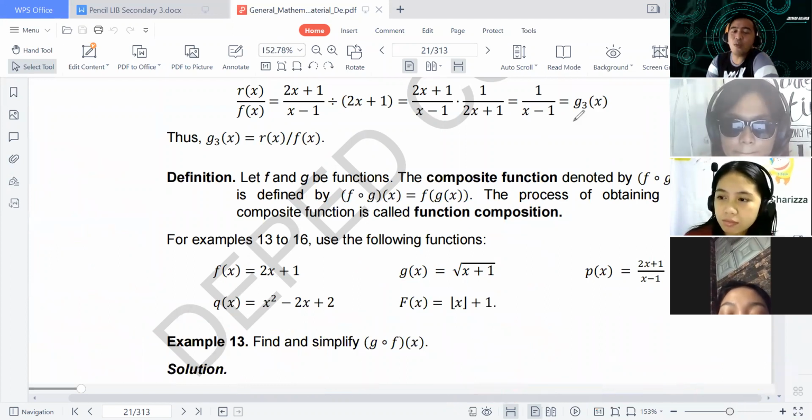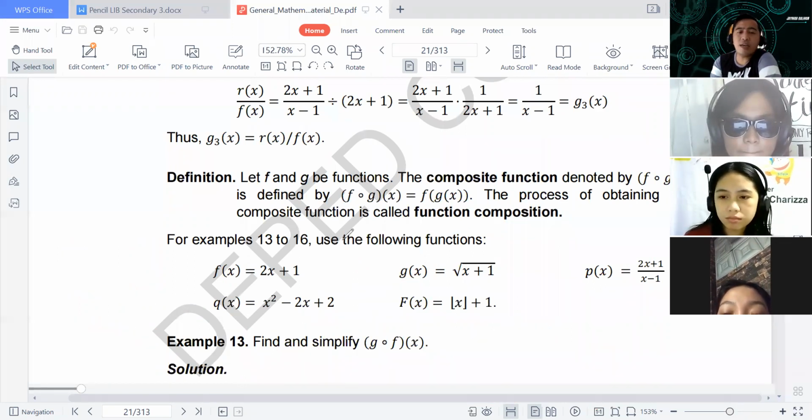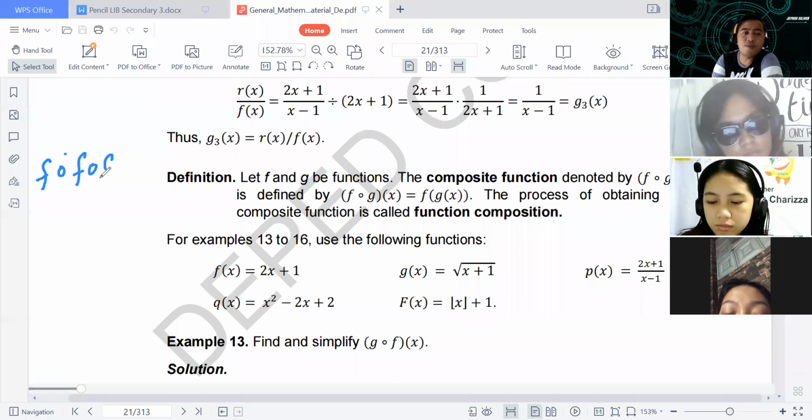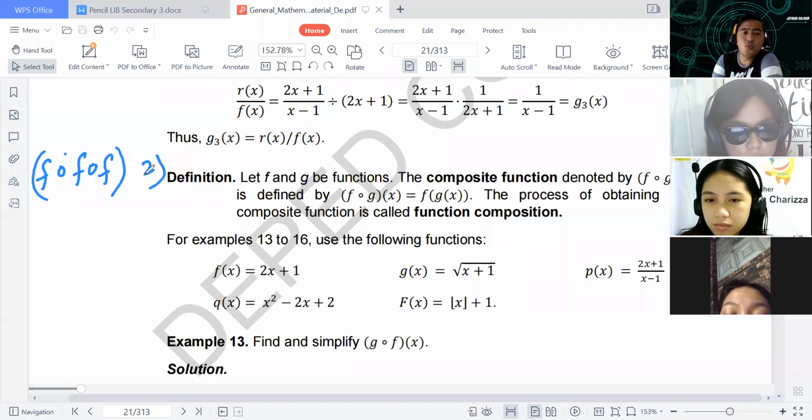Say for example, I will ask you. Okay, class, what is the composition of function of f of f of f of say 2? Okay. So how will you do it?